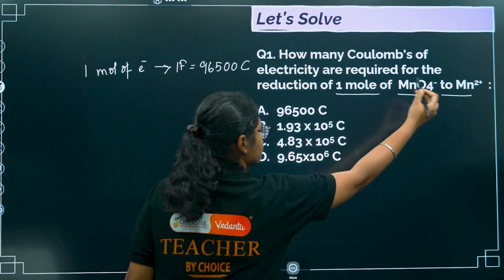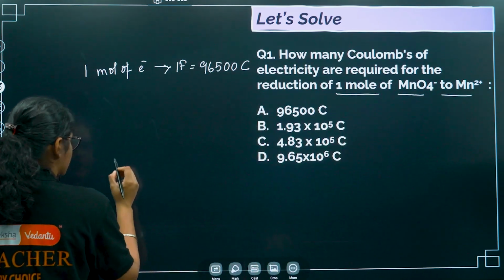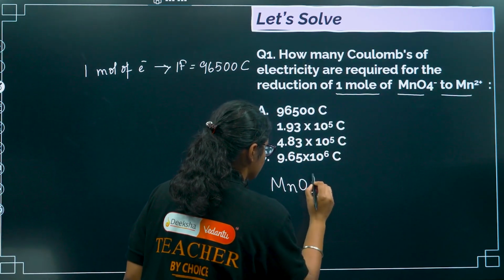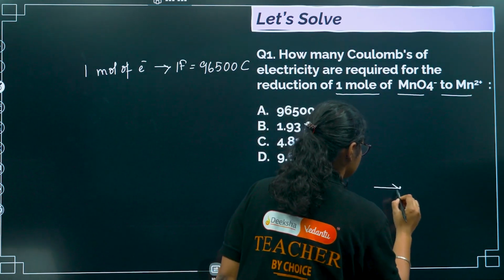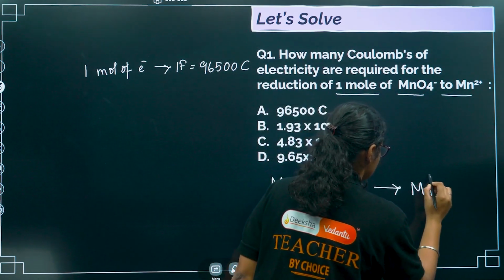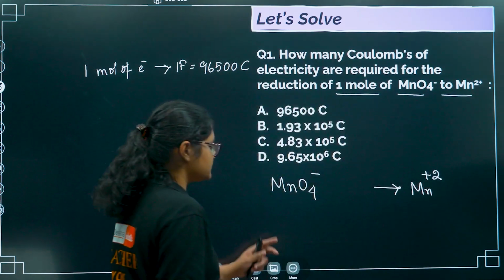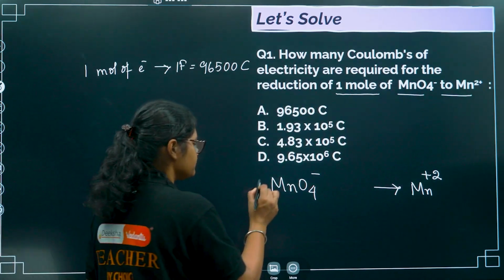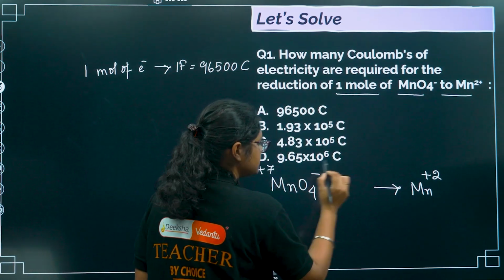So MnO4 minus to Mn2 plus. Let us write the reaction here: MnO4 minus to Mn2 plus. Now what is the charge of manganese here? Manganese has a charge of +7 here, right? +7 to +2.